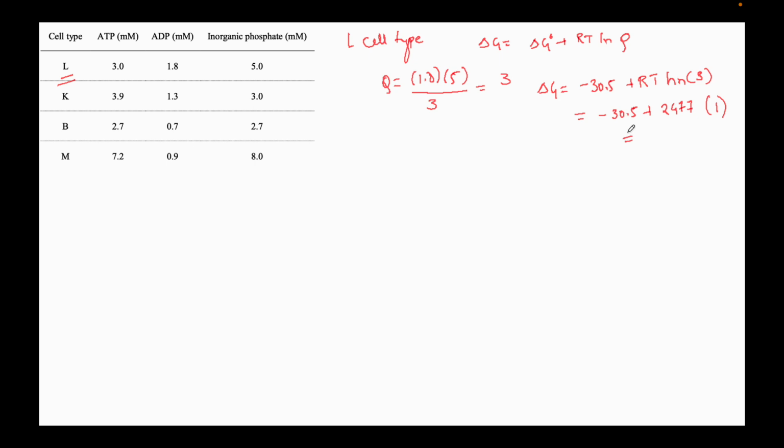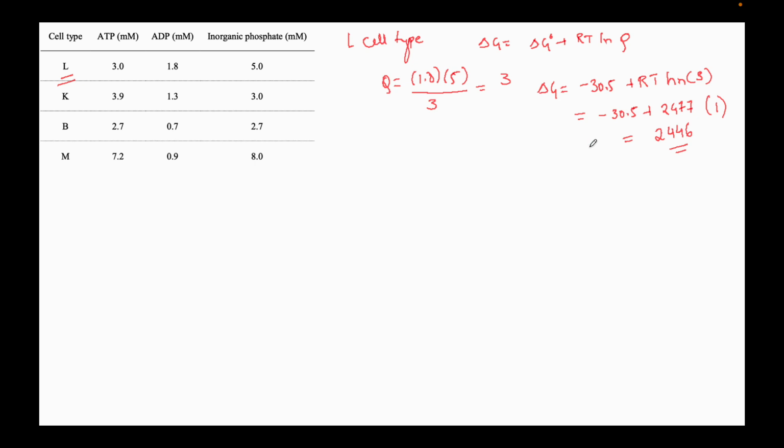So the final answer will be something positive. Why? Because minus 30 plus 2477 will be something positive, a positive value, 2466.